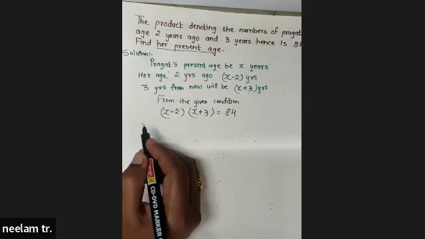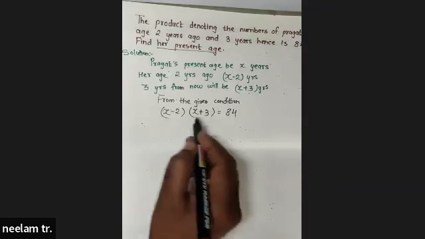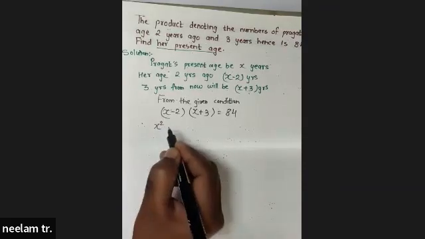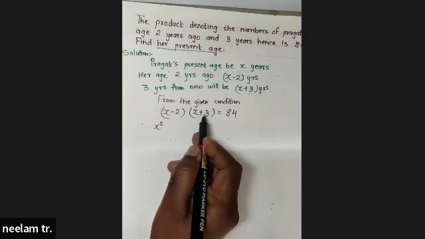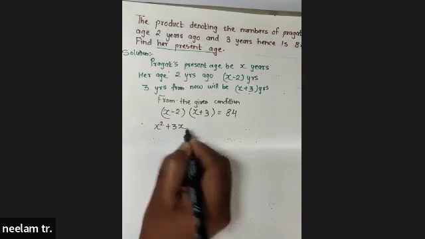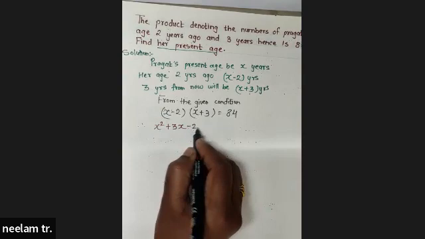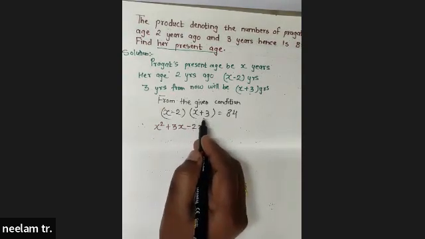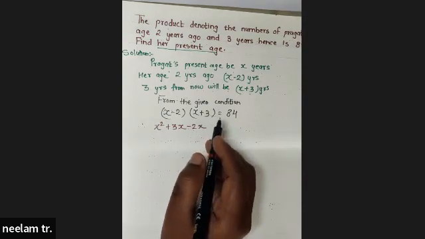Therefore, x into x is x square, then 2 into 3. This sign is plus, so I'll take plus 3x. Now minus 2 into x is minus 2x, and minus 2 into plus 3 is minus 6.